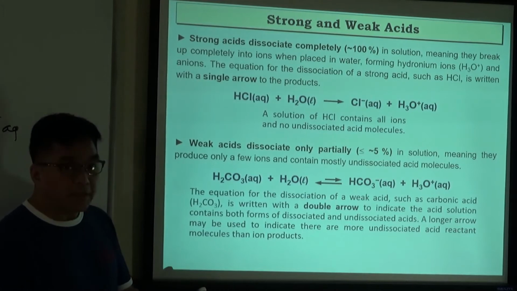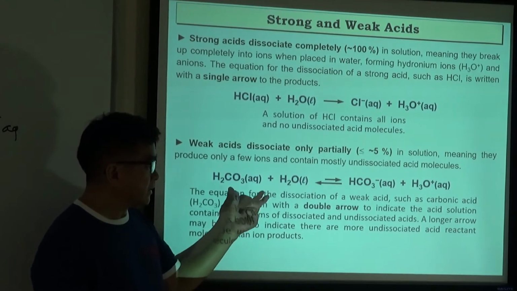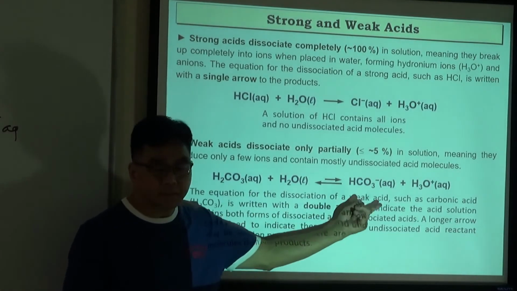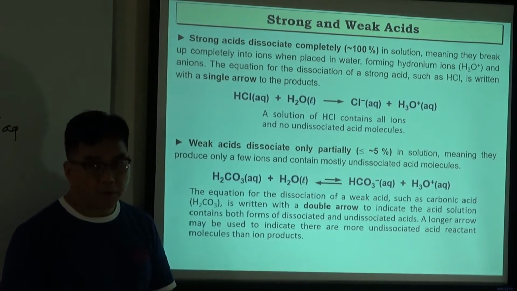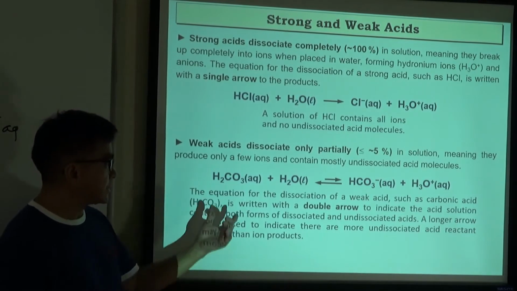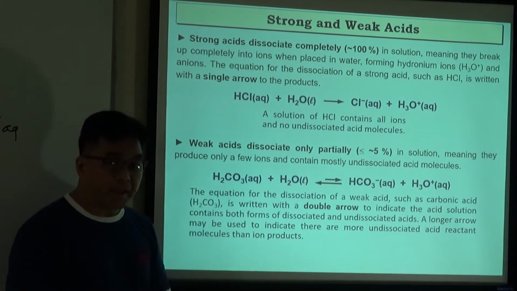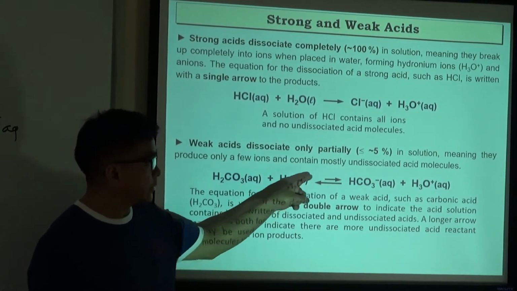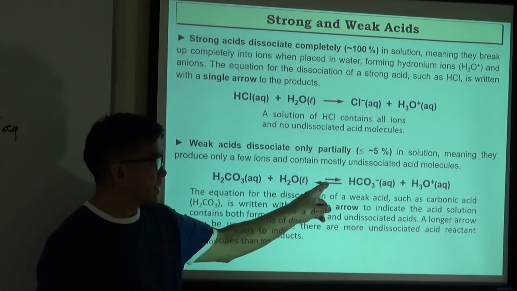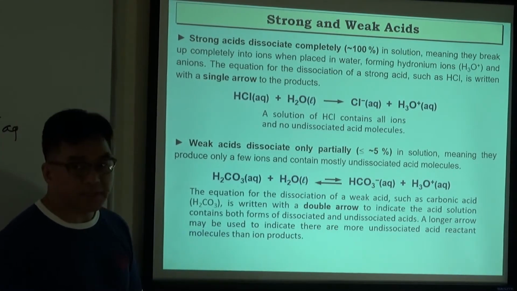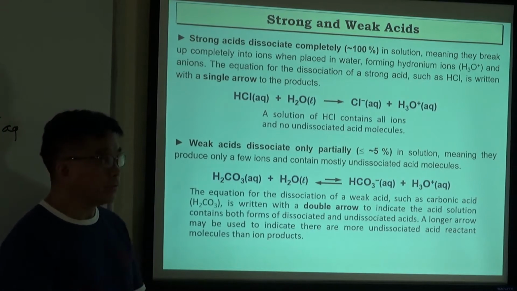At equilibrium, the steady state concentrations of the reactants and the products no longer change. So there's going to be more of the undissociated acid. For weak acid dissociation, you write with a two-way arrow. You don't have to use arrows of unequal size. You can just use equal size, but you have to write it with a two-way arrow.